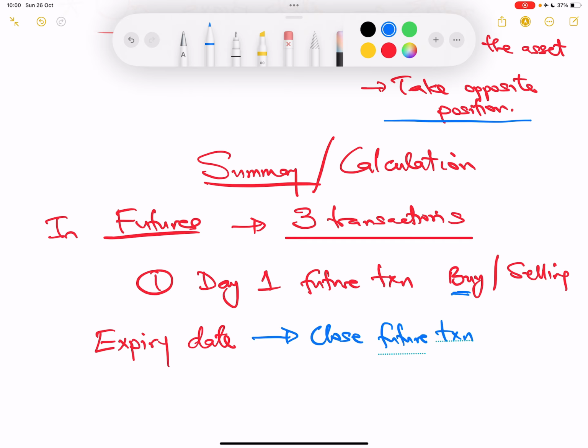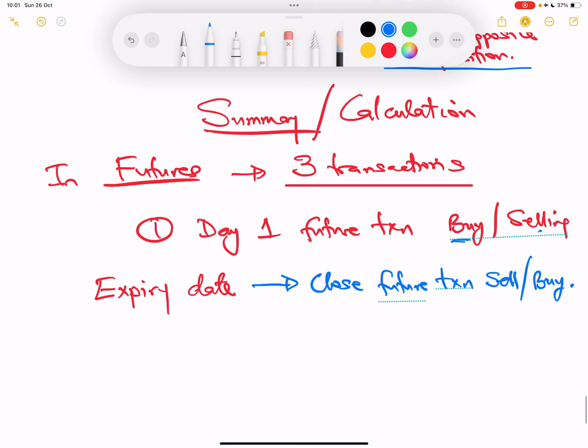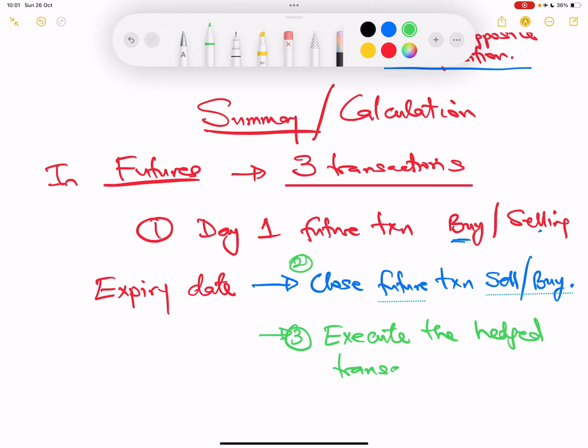So if you have bought on day 1, then you have to sell future. But if you sold in day 1, then you have to buy futures. That is how you close the transaction. But it does not end there. The third part is you still need to execute the hedged transaction. The transaction that you're trying to protect, you need to still do it at the spot rate, at spot price.